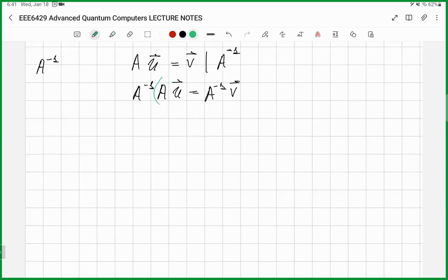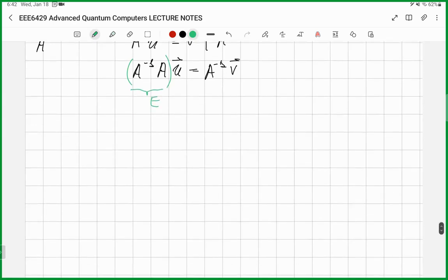I know that this operation, because of the properties of matrix products, equals this one. And now the inverse matrix times the matrix itself gives me the identity matrix. And the identity matrix times any vector gives me the vector itself.